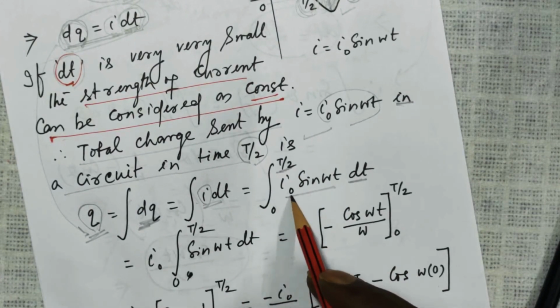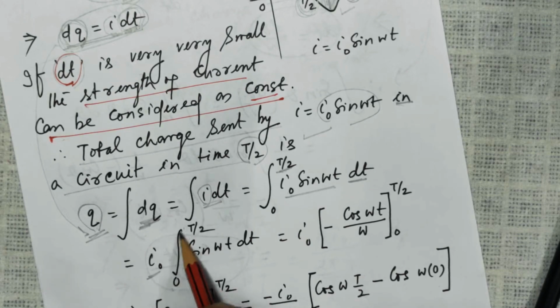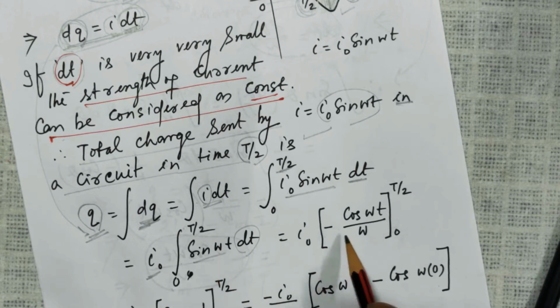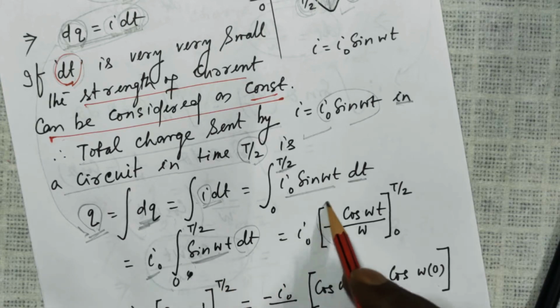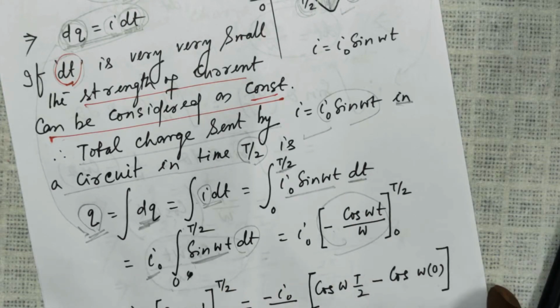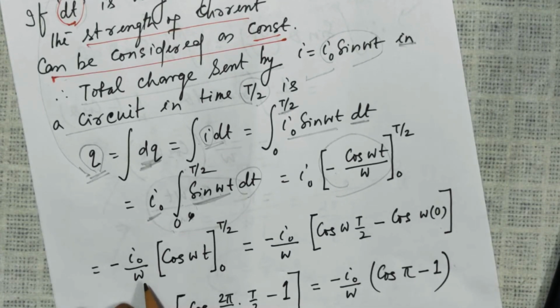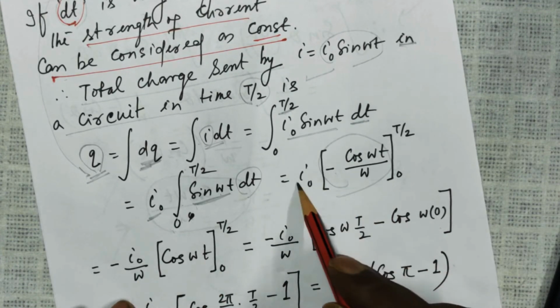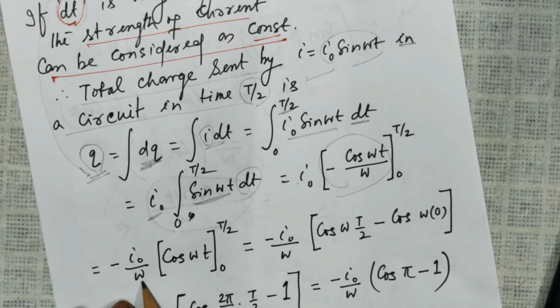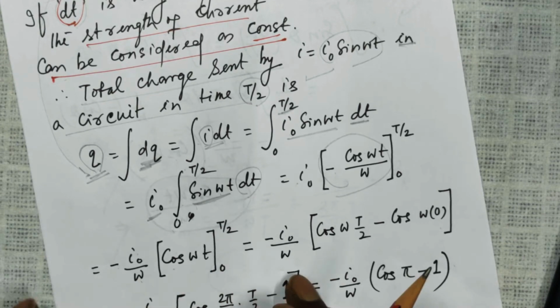I naught is a constant, taken out: I naught integral from 0 to T by 2 of sin omega t dt. The integration of sin omega t is equal to minus cos omega t by omega from 0 to T by 2. You might be wondering how this is equal to this. I will explain at the end of the lecture. Now, omega is a constant, taken out: minus I naught over omega, cos omega t from 0 to T by 2.